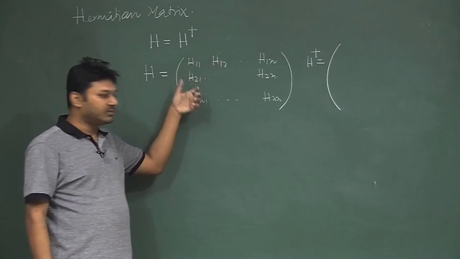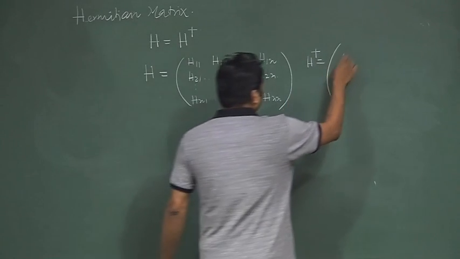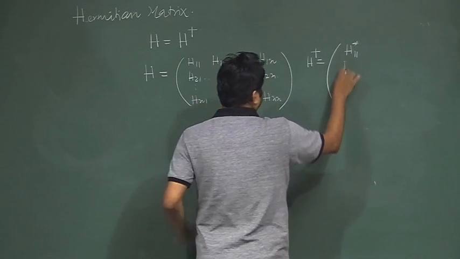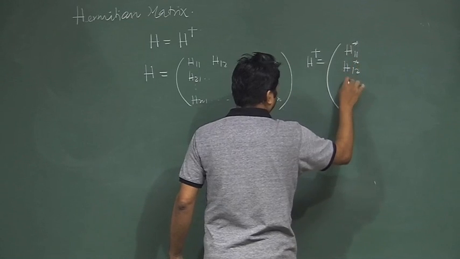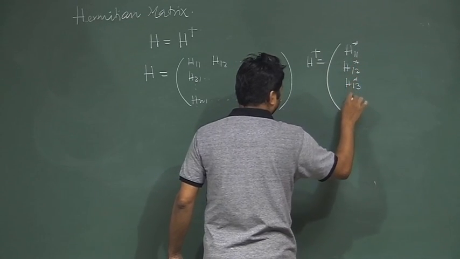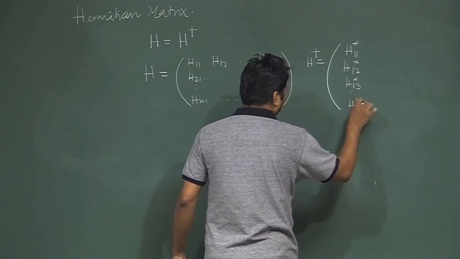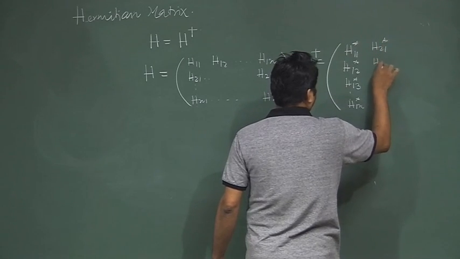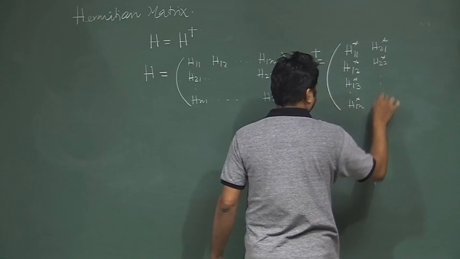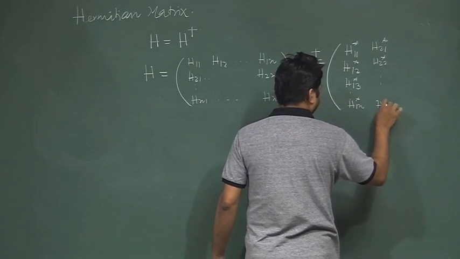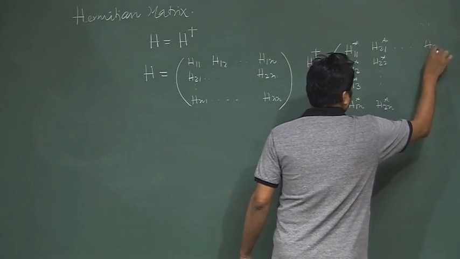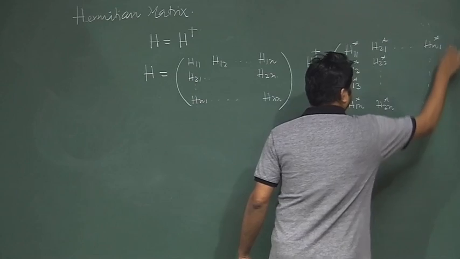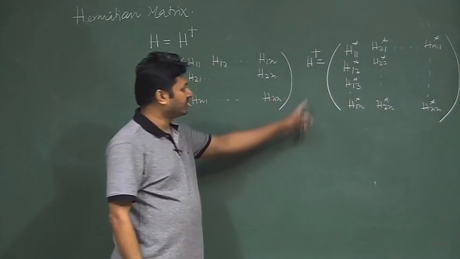So I need to first transpose this matrix and then take the complex conjugate. If I do that, I will find H11 star, H12 star, H13 star, everything will have a star, H1n star, H21 star, H22 star, H2n star, Hn1 star, Hnn star. So the structure of the Hermitian matrix is this.